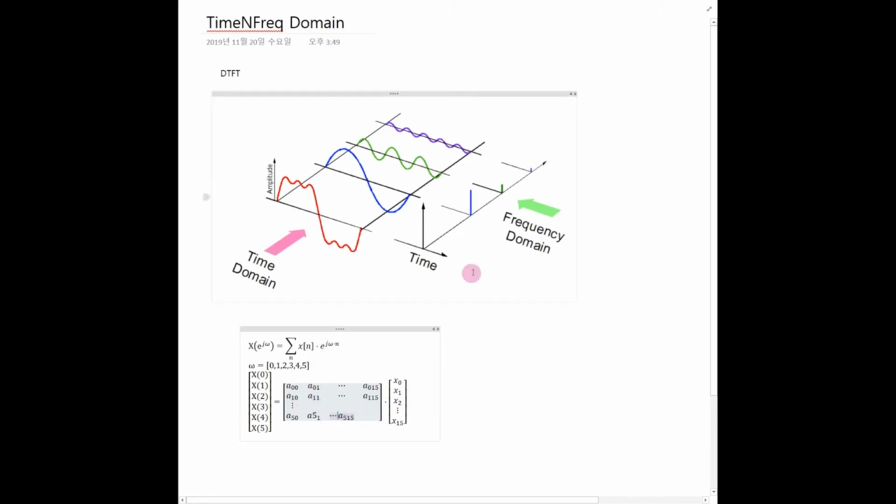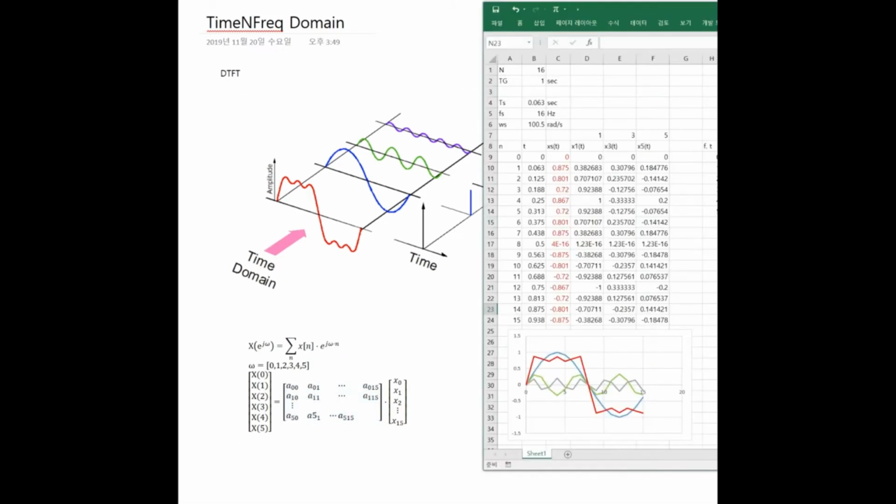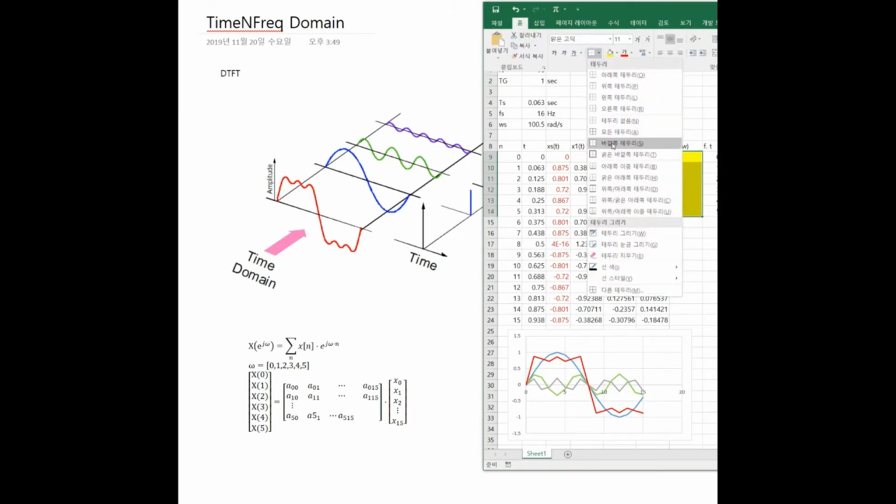How can I create that basis? That is the topic here. These spectral contents should be given here. That's the X of e to the j omega, which I would like to calculate; that's the unknown that I have to find.